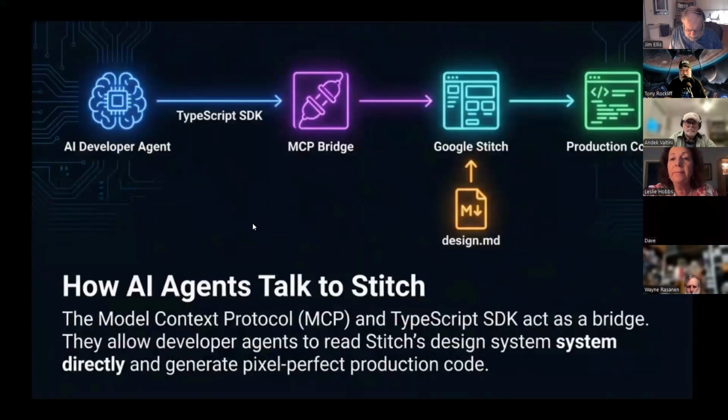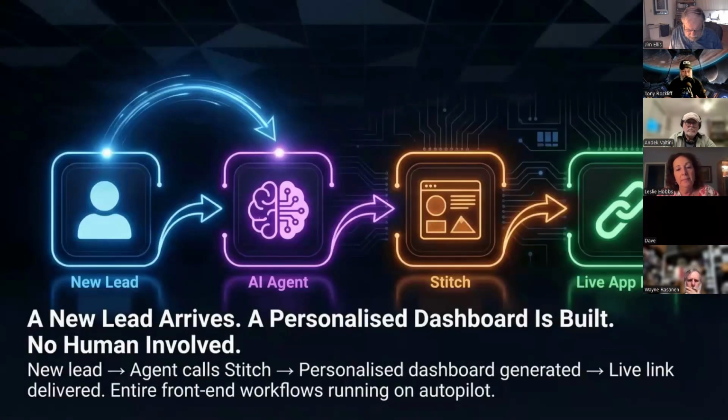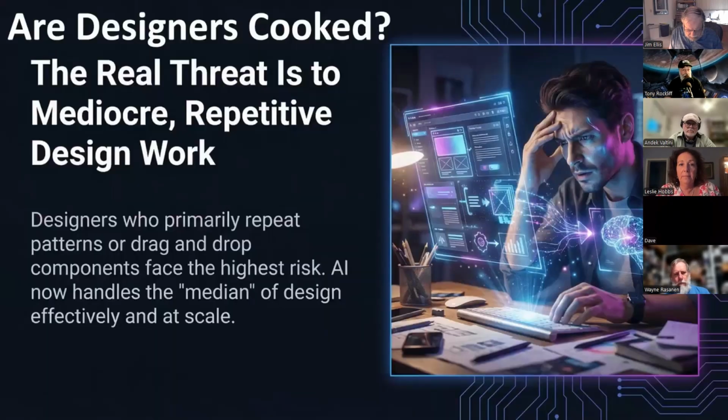But the thing is that there's a rather interesting phenomenon here whereby you can set it up so a new lead arrives, the AI agent calls Stitch in a split second and says, give me a personalized dashboard generated for this exact potential customer. And it creates that dashboard for him in his fonts and his style and everything. And so he sees this entire front end that's matched to his brand in a split second, and it can be somewhat impressive.